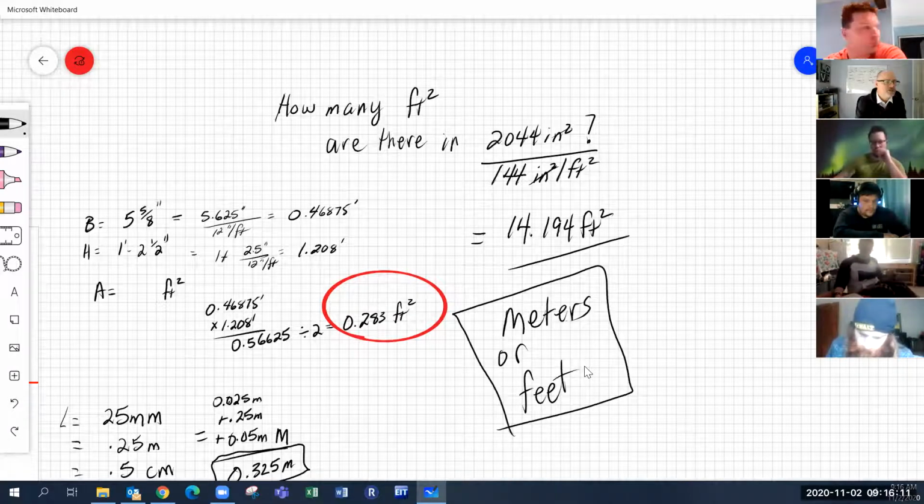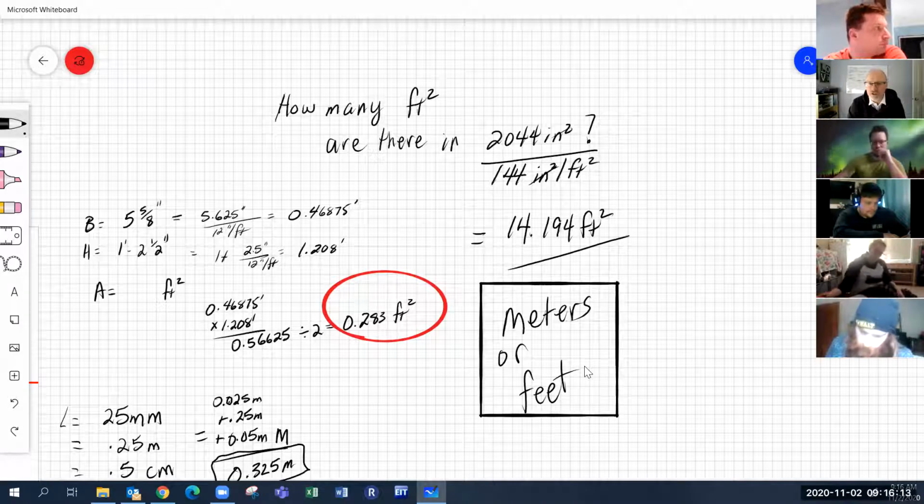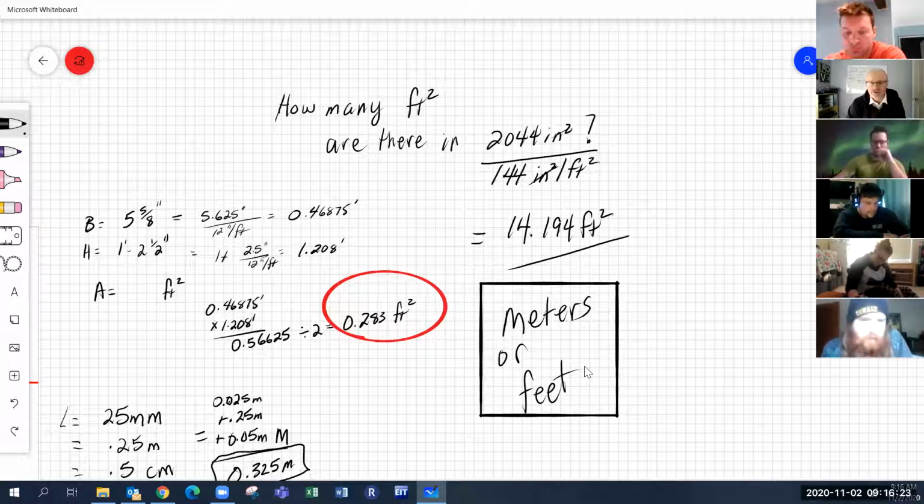So these are the two that I want you to convert everything into. Now, some of the answers, as you're doing some of these questions, are going to ask you for inches squared or millimeters squared. So sometimes the answer is going to give you a clue on what you need to do.